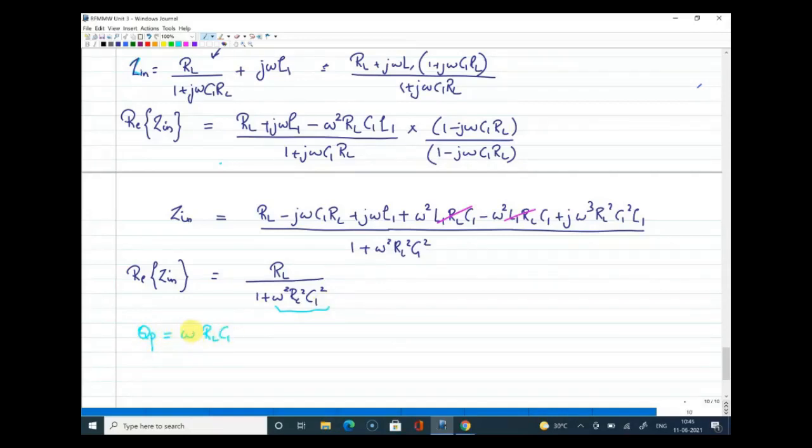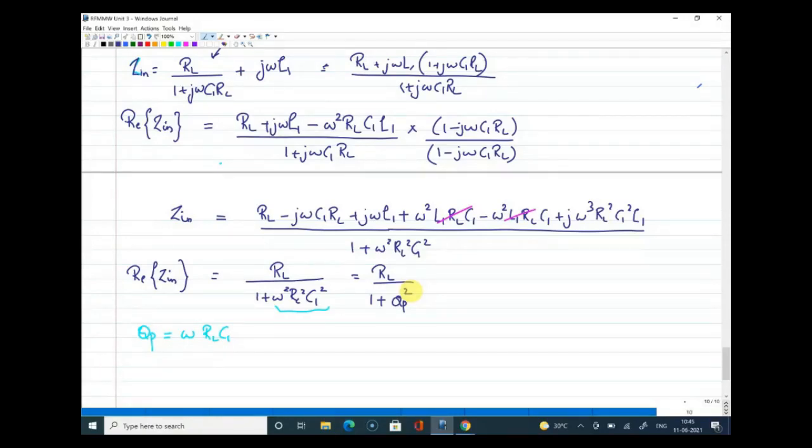QP is equal to omega RL C1. So I can write this further as RL divided by 1 plus QP square, right? So the real part of the impedance is exactly RL by 1 plus QP square, which is basically the transformed value of the resistance when you go from parallel to series.